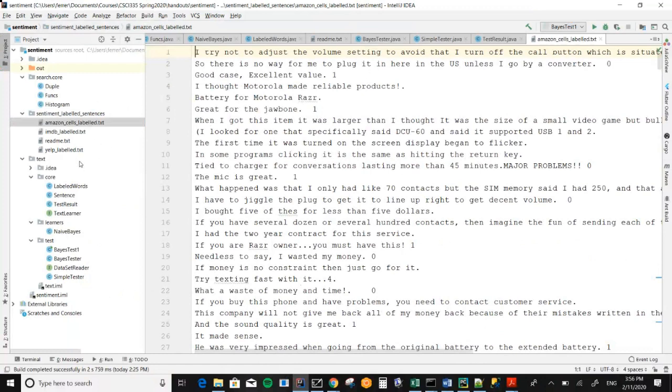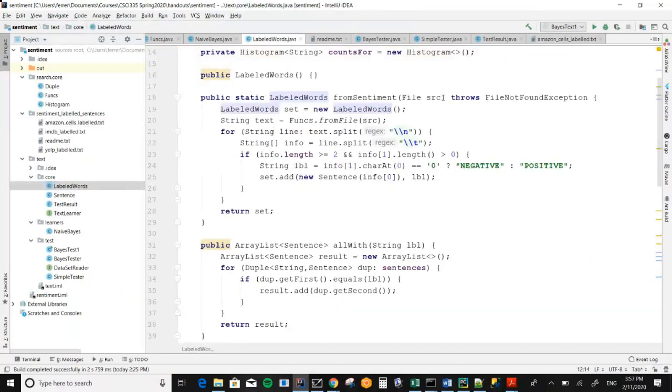I provided code to actually read in the data from the data set. That's going to be in labeled words. There is from sentiment: you give it a file, and it'll turn it into a data structure that you can use. So what is it you're actually going to be doing?